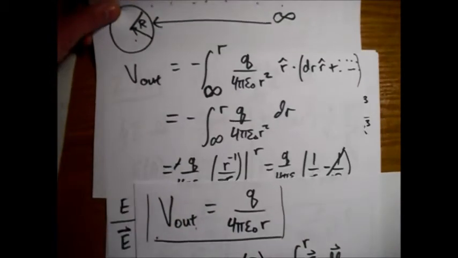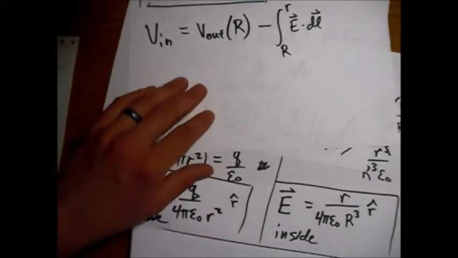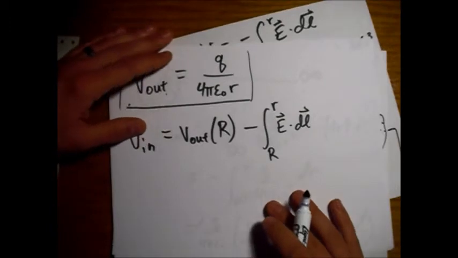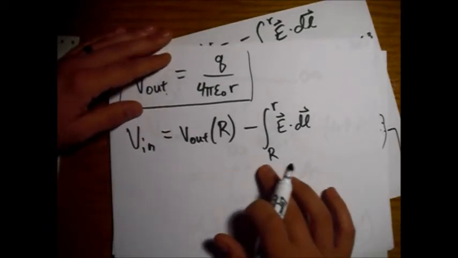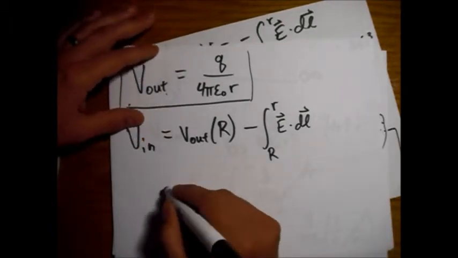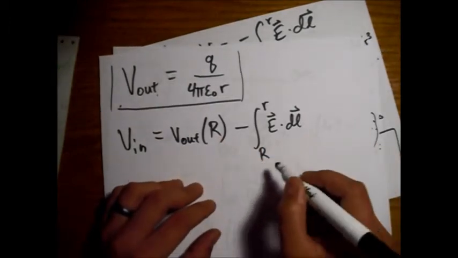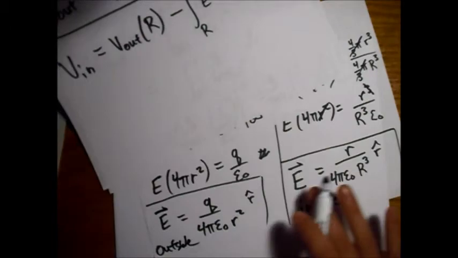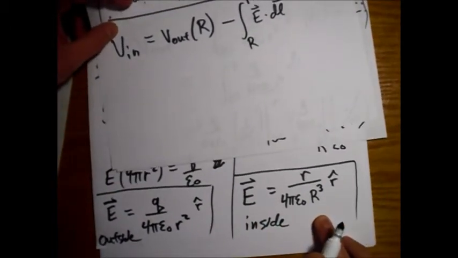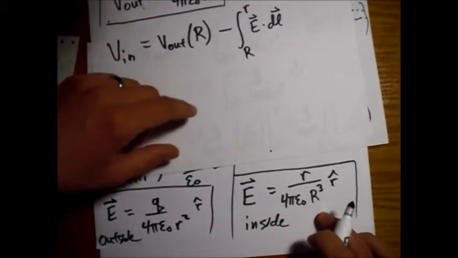Get down to a new sheet here. As long as we know where one is. All right. So let's just focus on this integral here for a sec. Now we move to our new electric field equation.